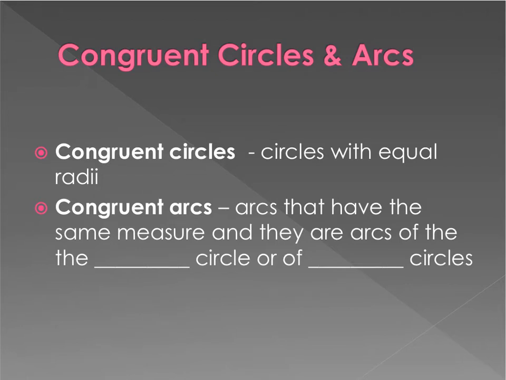Okay, next we have congruent circles and arcs. So congruent circles are circles with equal radii. Congruent arcs are arcs that have the same measure and they are arcs of the same circle or of congruent circles.